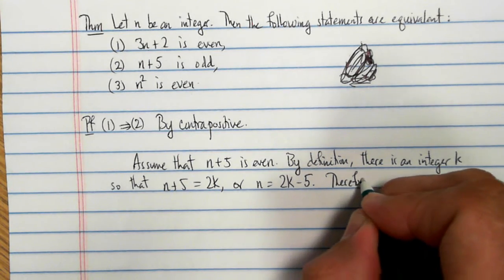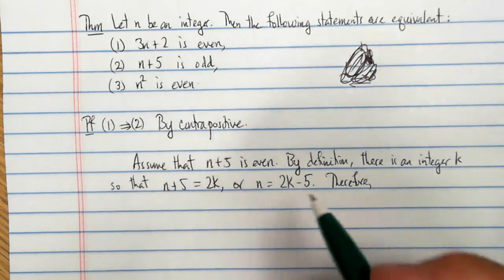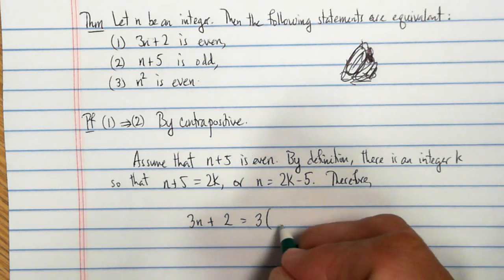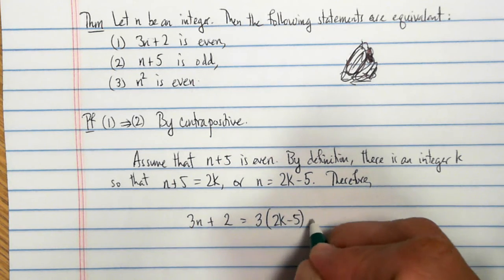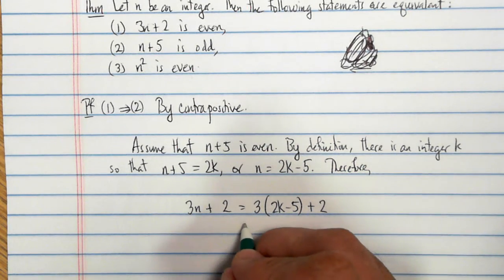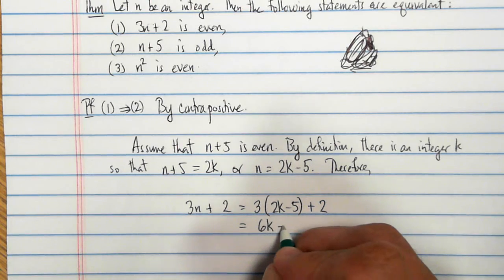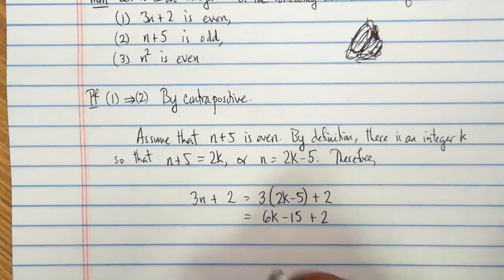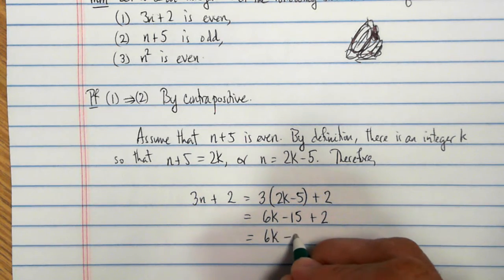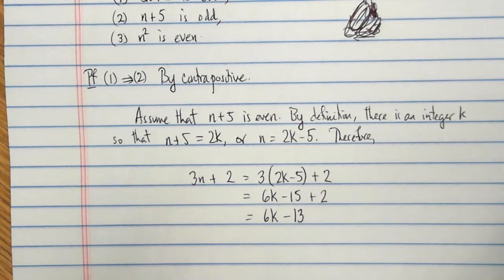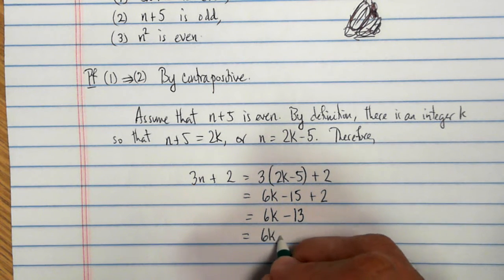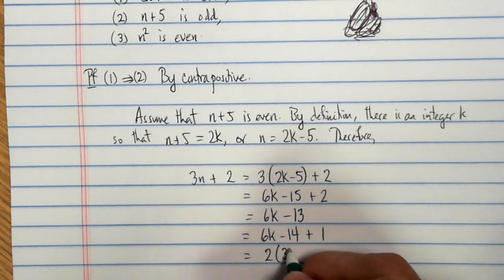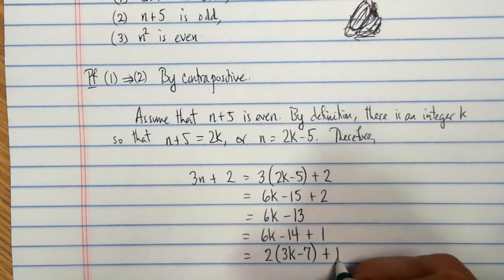Therefore, let's take a look at what 3n plus 2 is. 3n plus 2 is equal to 3 times (2k minus 5) plus 2, which equals 6k minus 15 plus 2, which is 6k minus 13. Let's write this as 6k minus 14 plus 1, and then I can factor 2 from the first two terms.